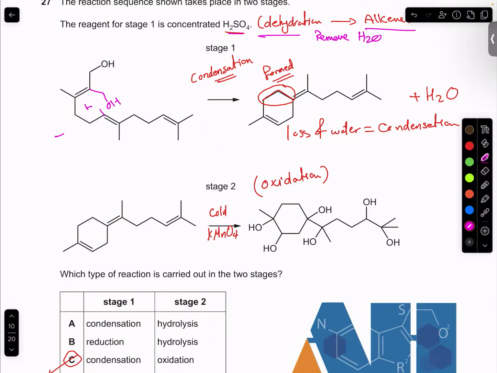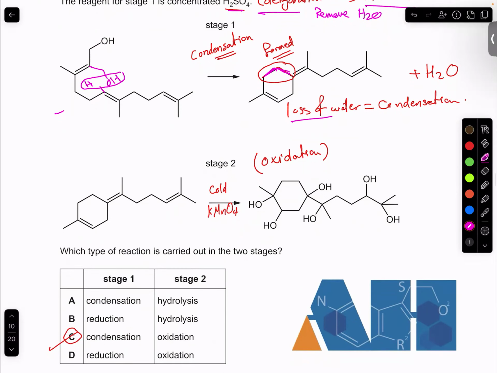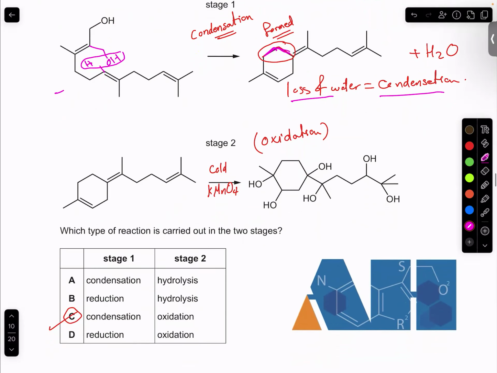So I can take OH here and I can take H from here. When we take this H and this OH, this chain will be closed. So this reaction is a dehydration, and you know that dehydration is a type of condensation reaction because it condenses the chain and makes it closed.